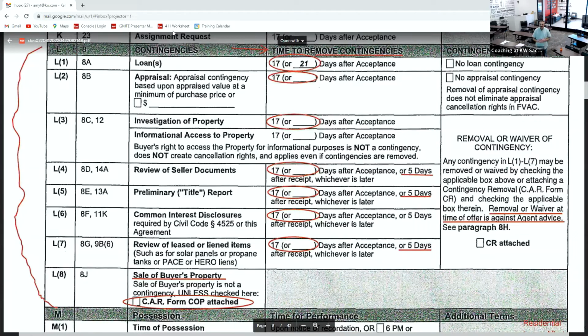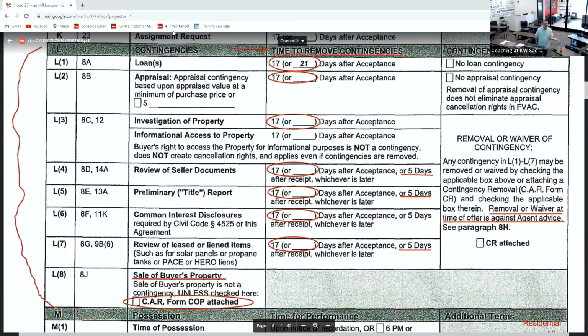Let's just say your client wants to write a request for repair to the seller. And you're still within your 17 days, but let's just say you're on day 15 and you send this request for repair over to the seller.